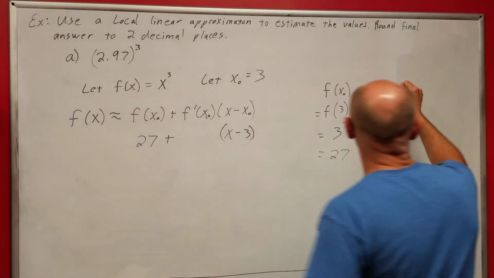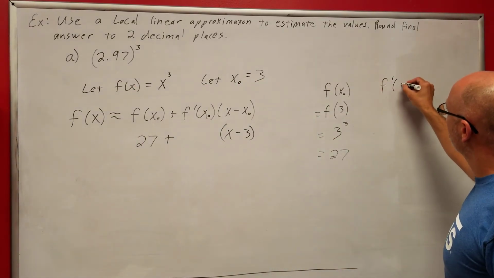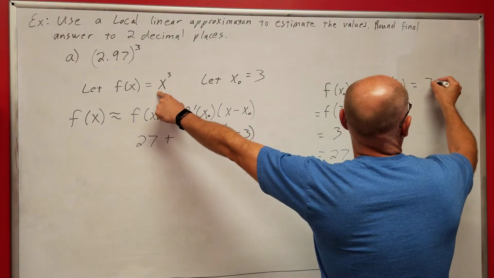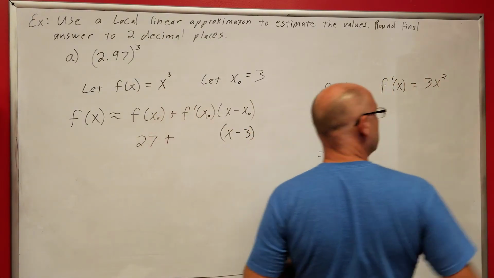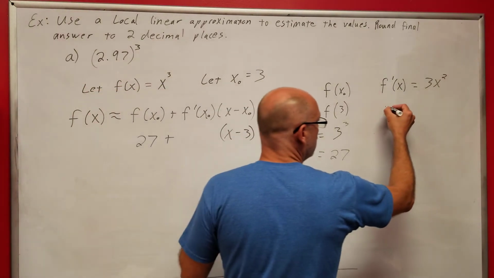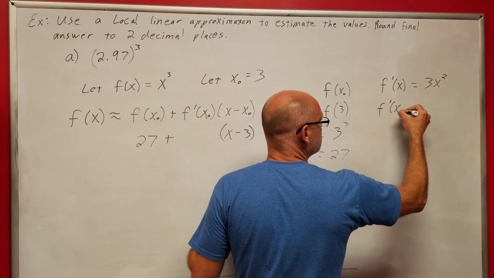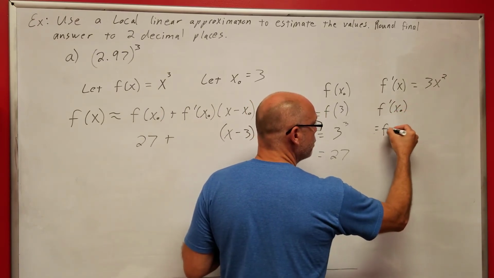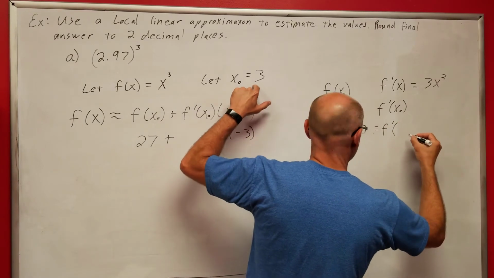So let's find f prime of x. F prime of x would be 3x squared, right? Now f prime at x naught is going to be the same thing as f prime at, what's my x naught value here?